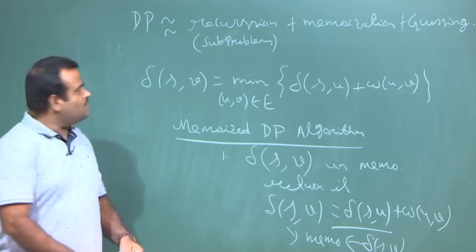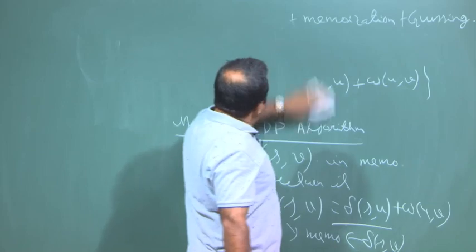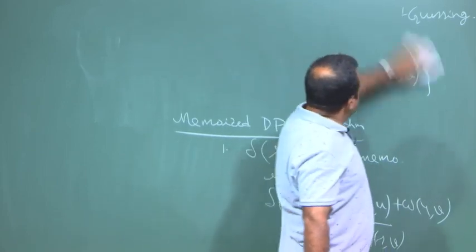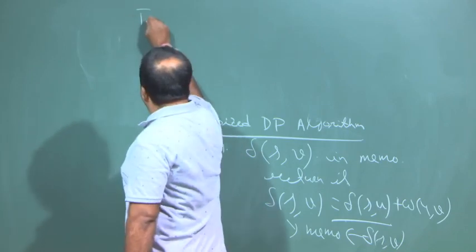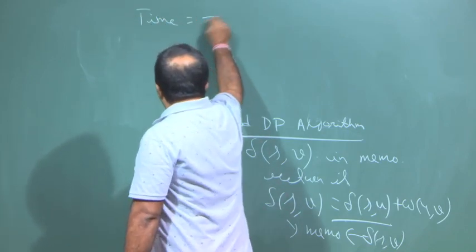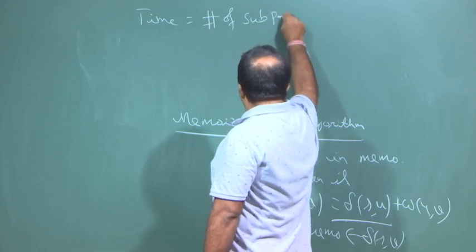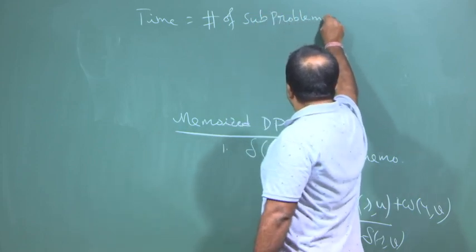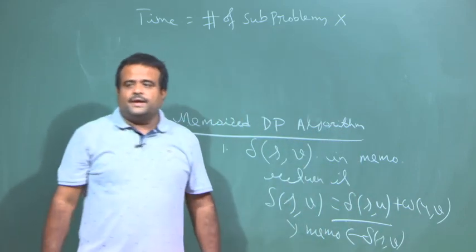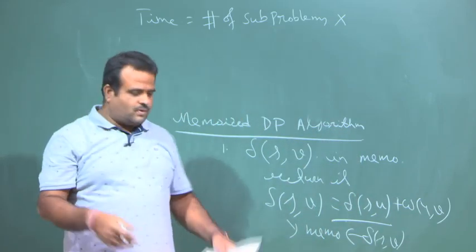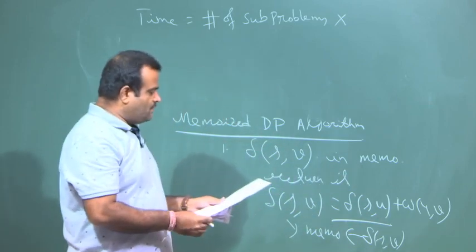Now, what is the time complexity? We know the memoization. The time for this type of DP is basically number of sub problems times the time required per sub problem.